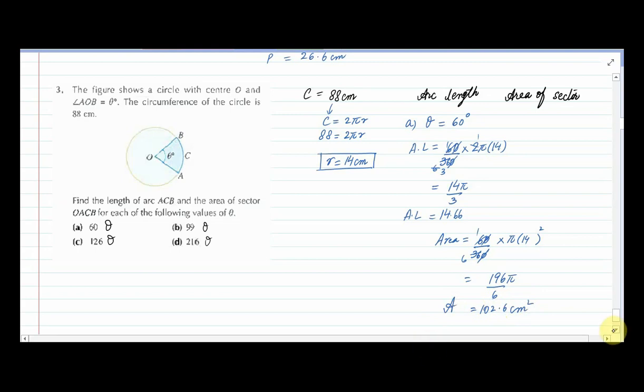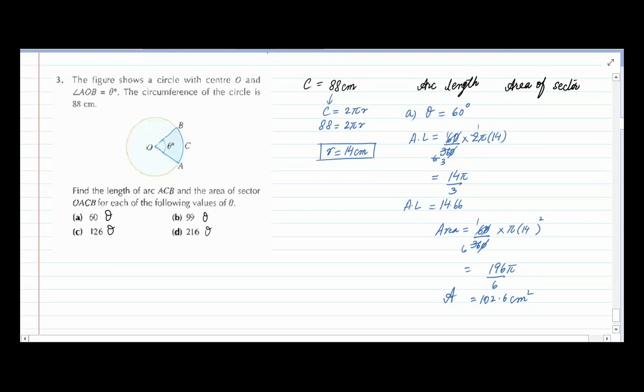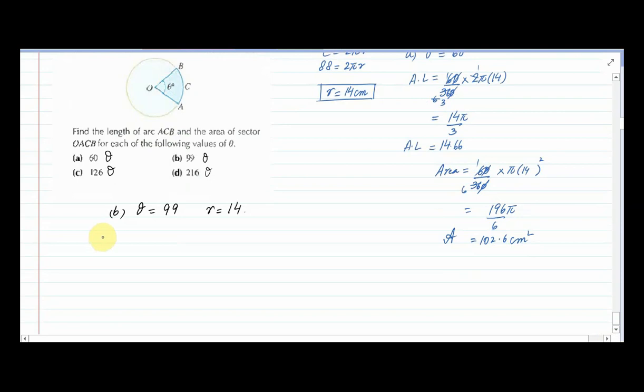So moving on to the next part, in which angle is 99. For part B, angle is 99 and radius is 14, right? Now you need to find arc length and area. So arc length is angle divided by 360 multiplied by 2 pi r.